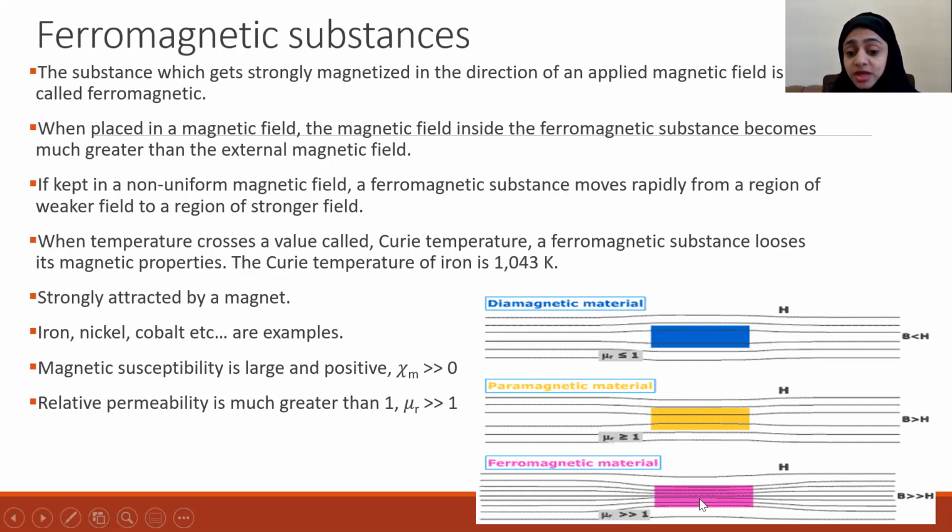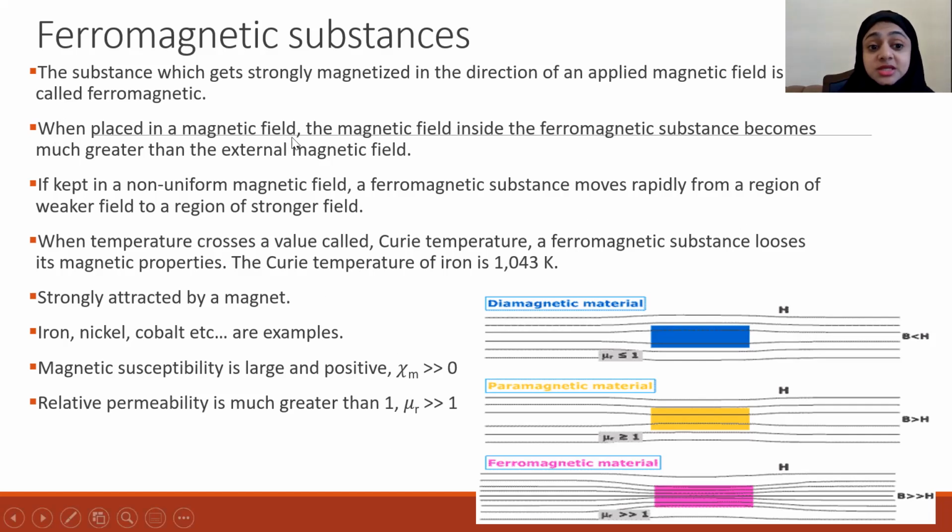So here you can see the magnetic field lines are crowded within the material compared to that outside. And here you can see the relative permeability is very much greater than 1, which means the ferromagnetic material will permit magnetic field lines much more than in free space or vacuum.